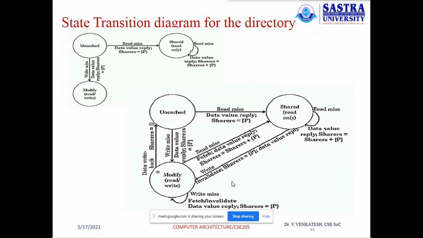So it will give you that information, and then it will change the state of C1, C3, and then C4 to a shared state.